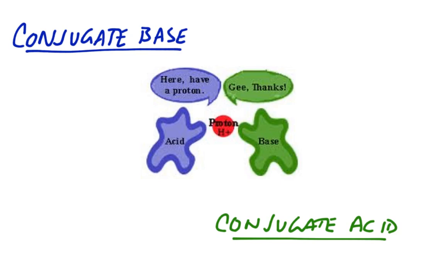Here we have a little cartoon picture of their definition in action. So if we look here, we have an H plus ion, which is quite simply just a proton. It's traveling from the acid to the base. The acid in this case is giving it away, and the base is receiving it. The acid is our donor. The base is our recipient.